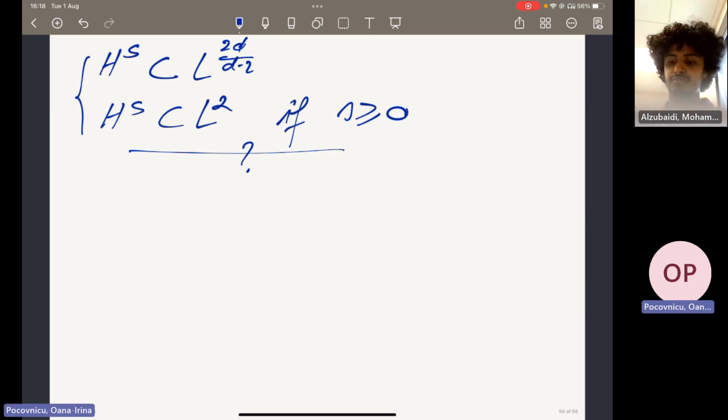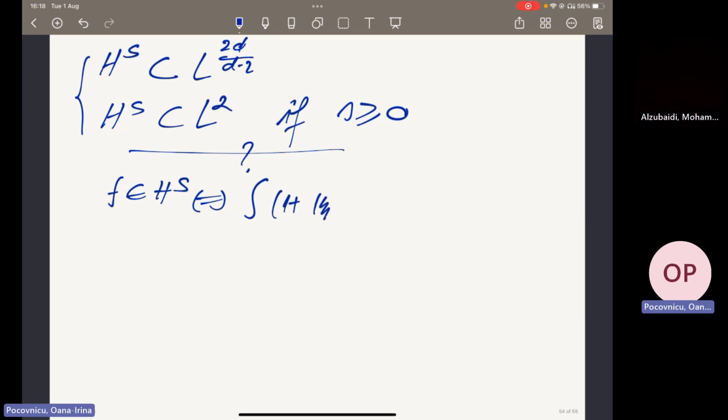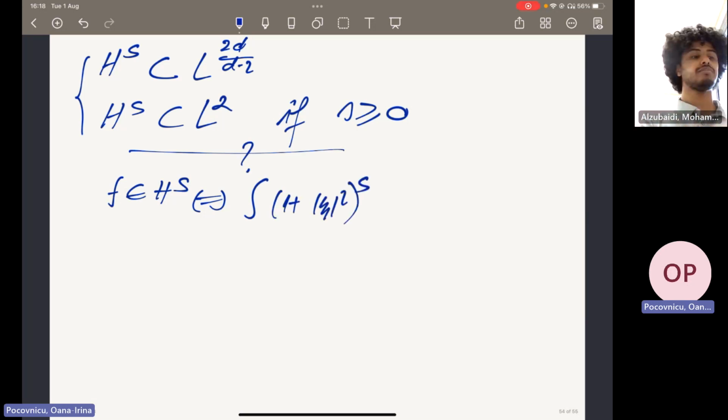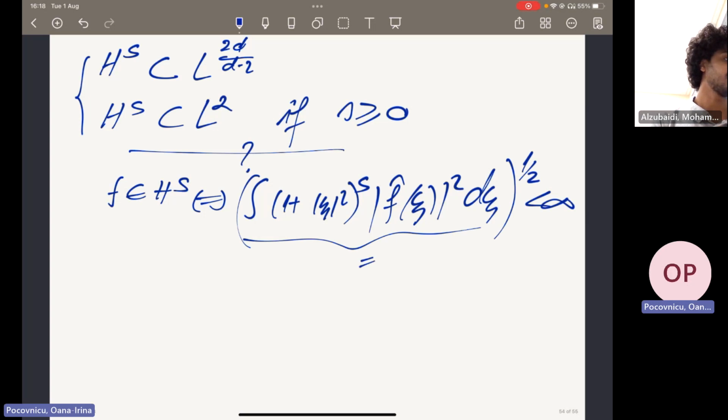Well, if f is in H^s, then we know that the integral of (1 plus xi squared) to the power s times |f hat of xi| squared d xi, to the power 1/2, is finite, because this is exactly the H^s norm of f.